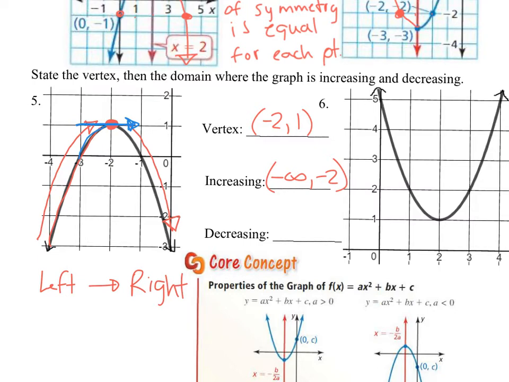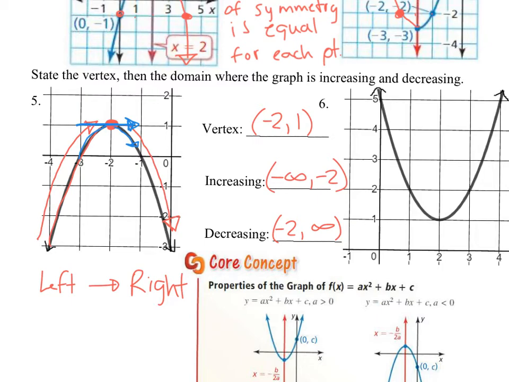And with that being said, you're not increasing or decreasing at that specific point in time. So this right here cannot be included in increasing, and it can't be included in decreasing. But the minute this arrow starts to tilt, you'll notice he starts to go down, okay, like the red arrow is showing. So here, we would say from -2 to +infinity, I am decreasing, okay?